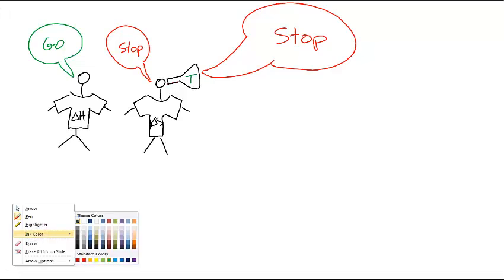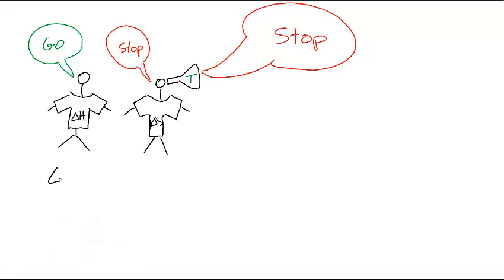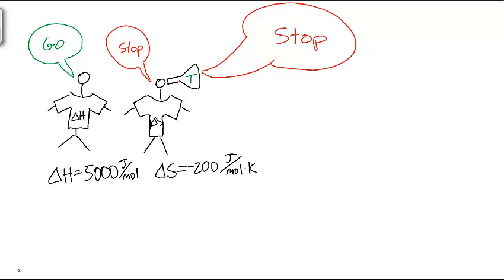Right, so let's just put in numbers. Let's say delta H equals 5,000 joules per mole, and delta S equals 200 joules per mole Kelvin. Let's make them both negative. Just to put in those numbers, okay?